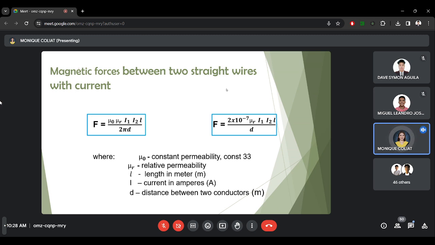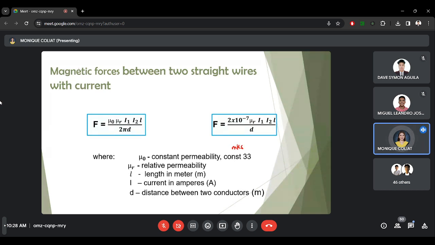Then we have L, which is the length in meter. Then we have D, which is the distance between the two conductors, and mu O, which is the constant permeability, which is constant 33 in MKS.